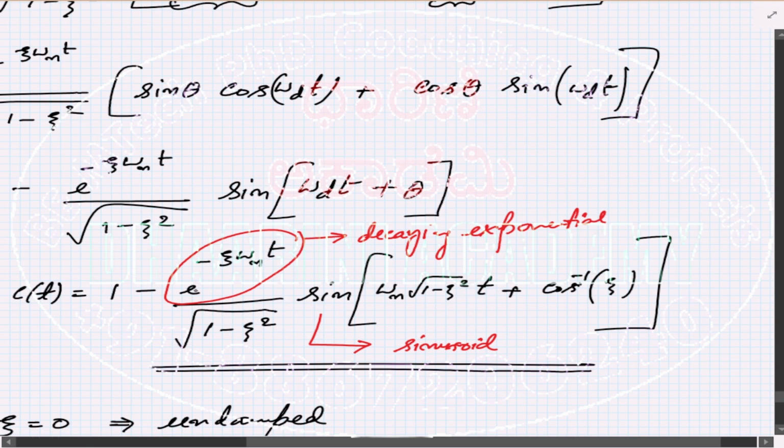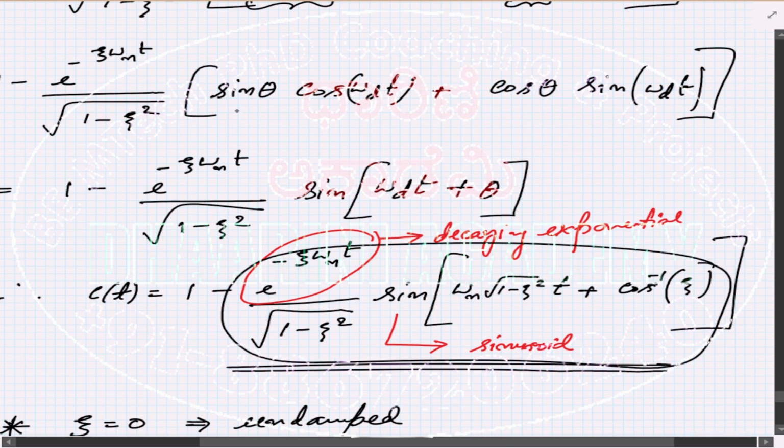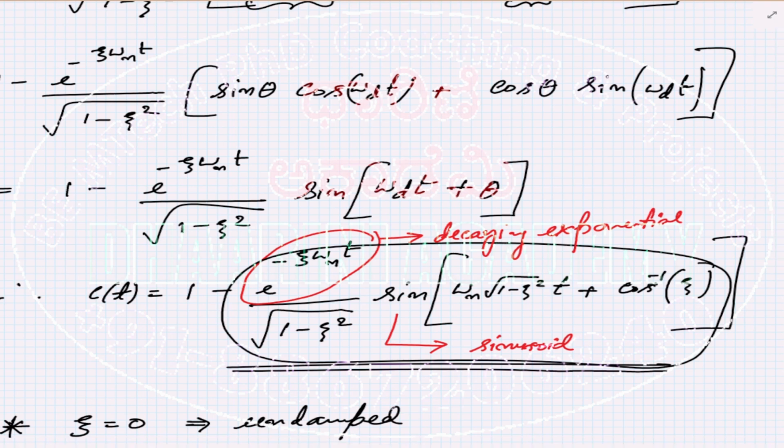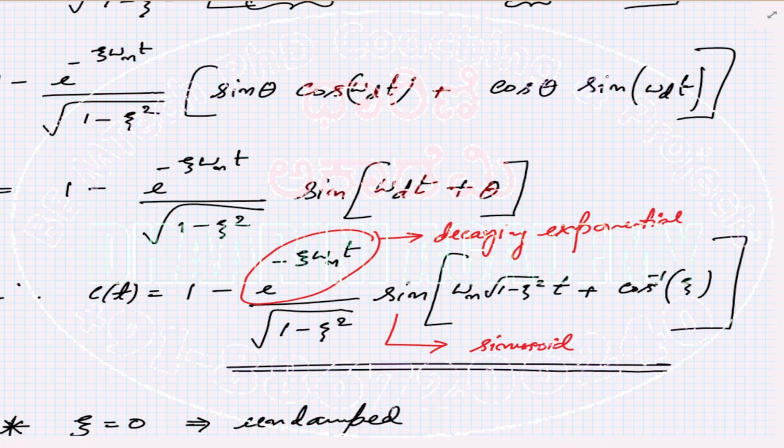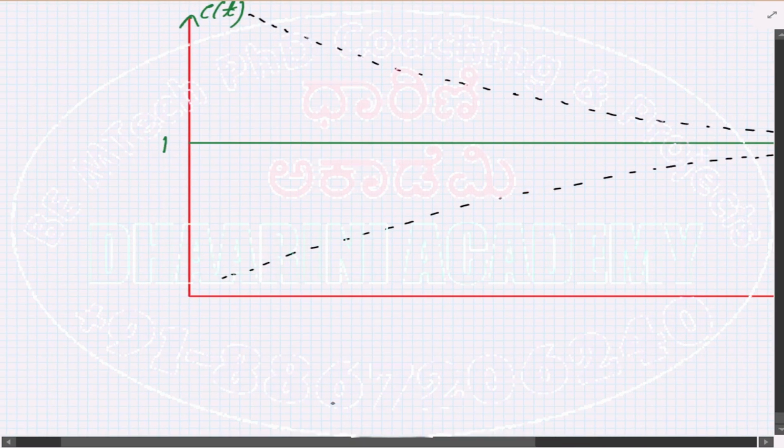So I get a value which, even with a small value of zeta, gives an answer closer to 1. So 1 minus 1 is equal to 0. We can even try that for a smaller value of zeta. Because of that, my answer actually starts from 0 and goes in the following fashion.